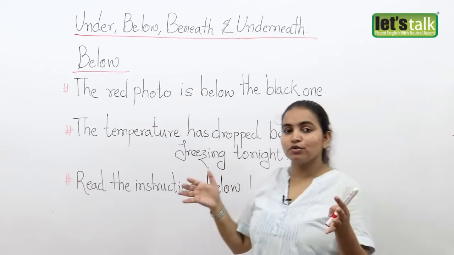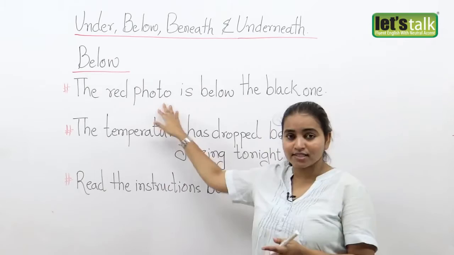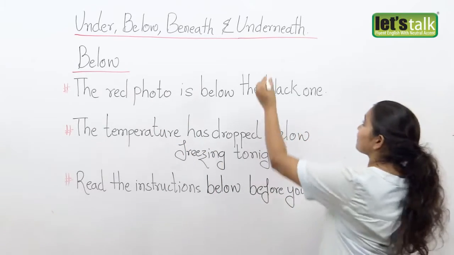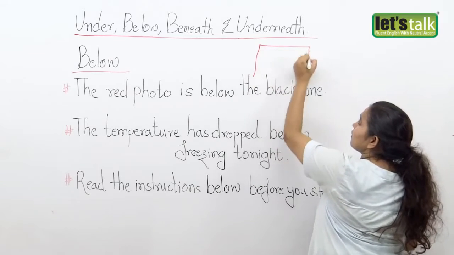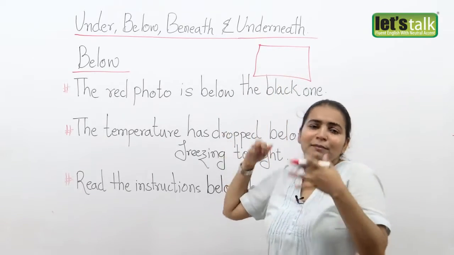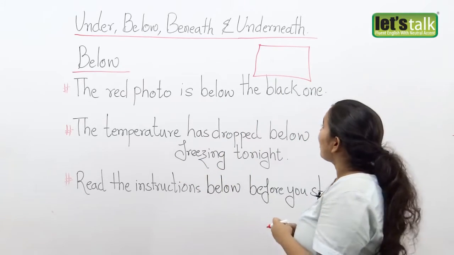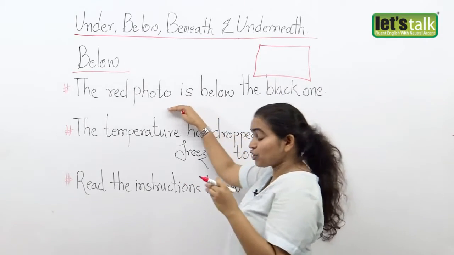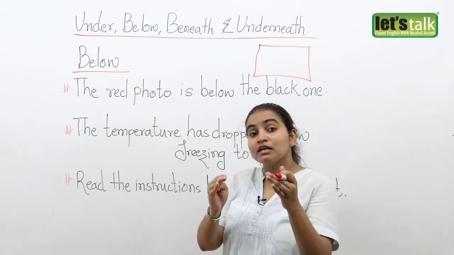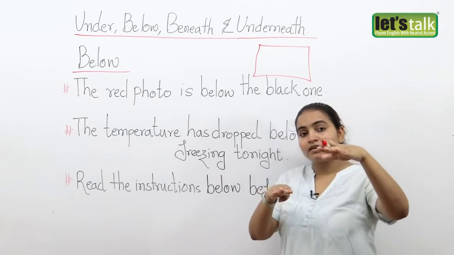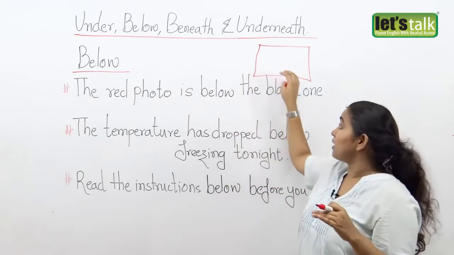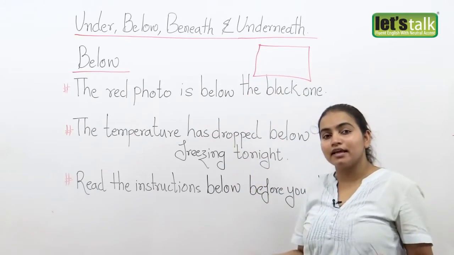Now, why do I use below in this context? I'll help you understand this by means of a diagram. Okay. Now, imagine this is my wall or a blackboard, if you may. Now, this context in which I use below talks about comparing the level of one thing against the other, provided both of them are on the same plane.